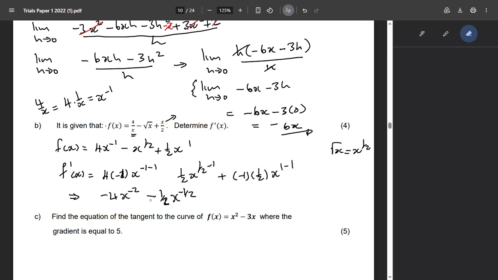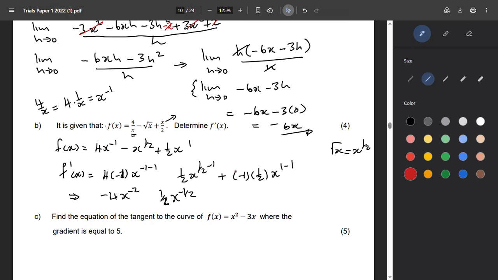So this one is negative, okay, that's negative, then this will be plus 1 over 2, because this is positive, right? So 1 over 2, this is x to the power 0, any number to the power 0 is 1. So this is the final answer of the derivative.